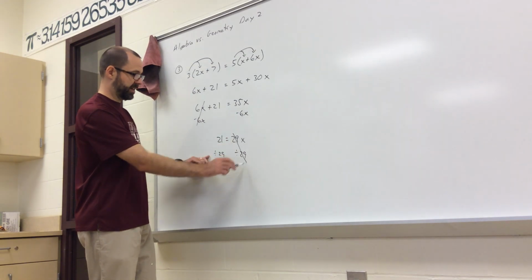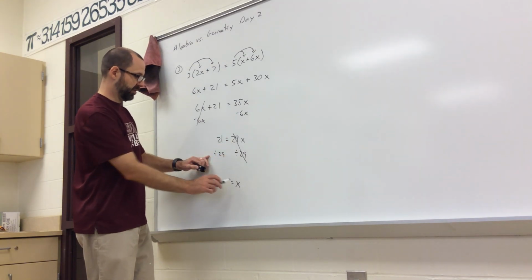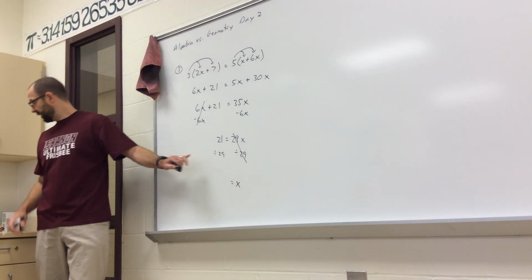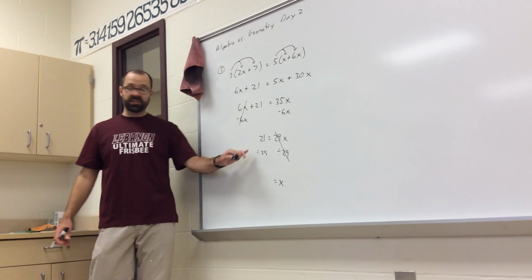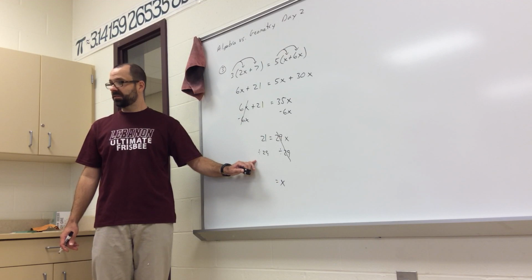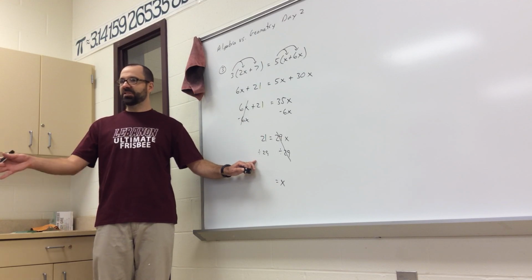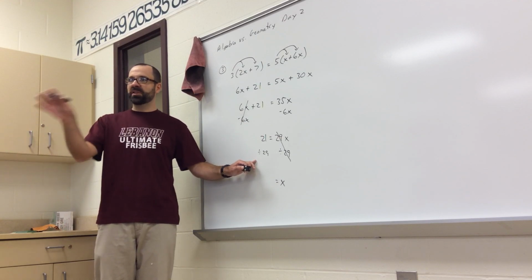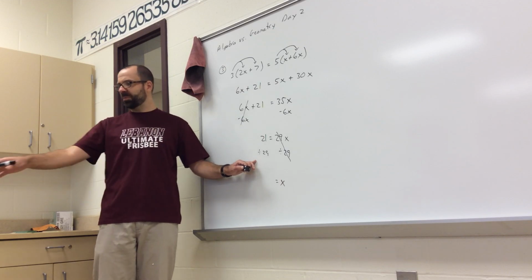So that'll cross that out, and we'll have x equals. Yeah, and Kieran's got his calculator out, so what do you get when you take 21 divided by 29? A really long decimal number, which is 0.72 41379. Yeah, exactly.